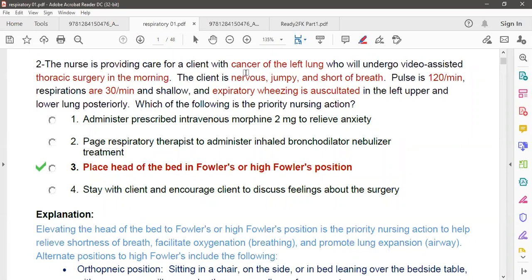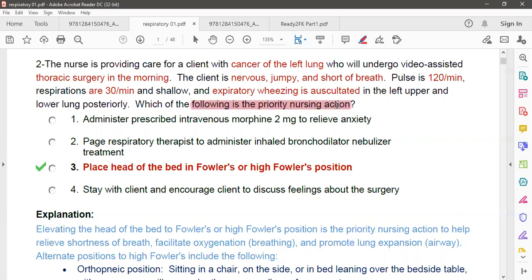The client is nervous, jumpy, with shortness of breath. Pulse is high, 120 per minute. Respirations are high, 30 per minute, but shallow. Expiratory wheezing. When you check the lungs, we get wheezing, meaning bronchoconstriction, right? Which of the following is the priority nursing action?